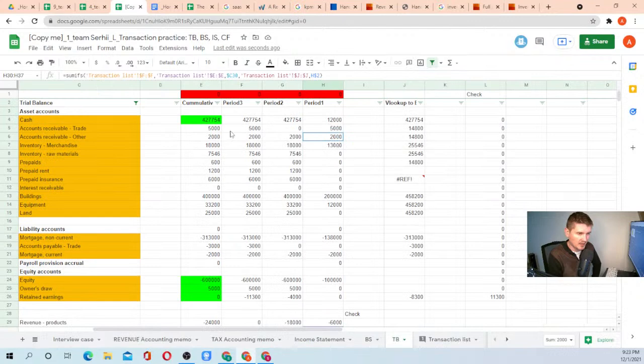For the balance sheet, our balance as of the end of each respective period is like a cumulative history of all transactions on that balance sheet account. So our period 3 ending cash will be our period 1 cash balance plus whatever happens in period 2 plus whatever happens in period 3.